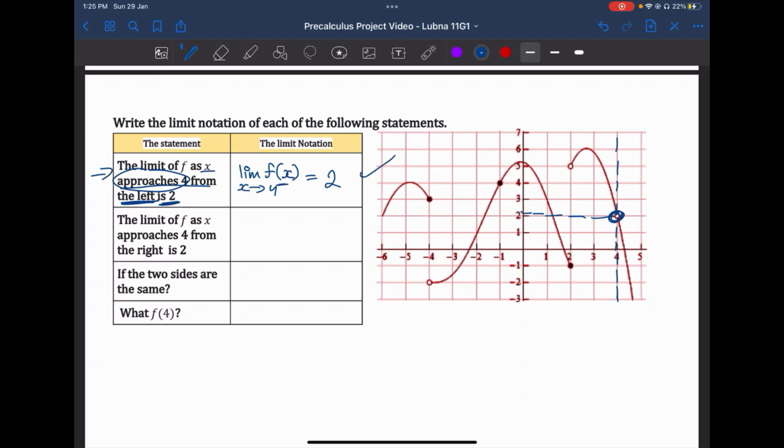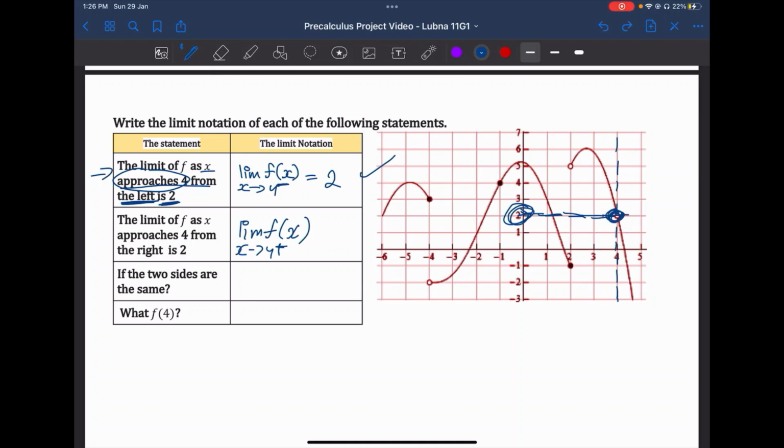The limit of f as x approaches 4 from the right side. So again, it's the same graph and it's moving to the right side, and it is also equal to 2. So we write the same exact thing we wrote over here, but instead of writing minus, we write plus. So lim f of x as x approaches 4 from the right, plus because it says from the right, and the right side means positive values.